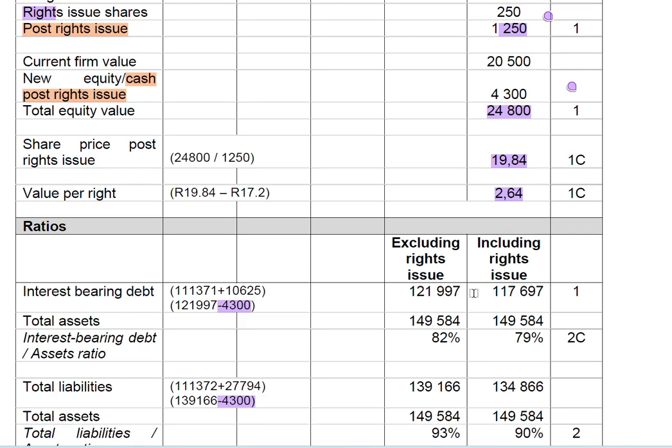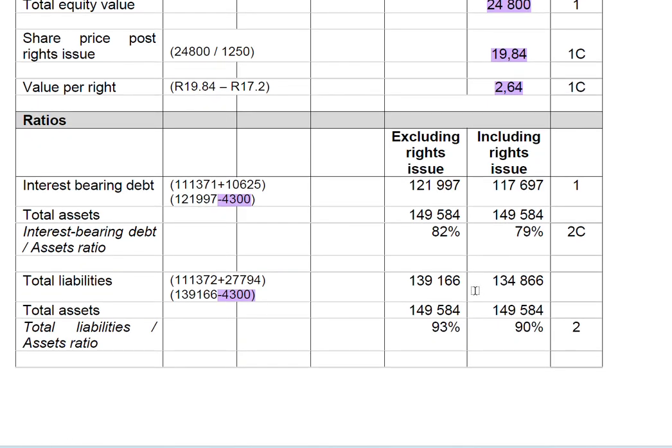Now let us move to the ratios. I've stated that the ratios that we need to look at are the gearing ratios or your liquidity ratios. The ratio that we're going to be looking at is the interest-bearing debt over asset ratio. Interest-bearing debts are all the liabilities that have interest, like your long-term and short-term interest-bearing debt.